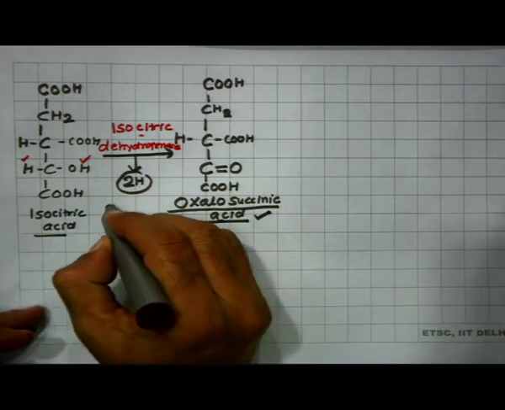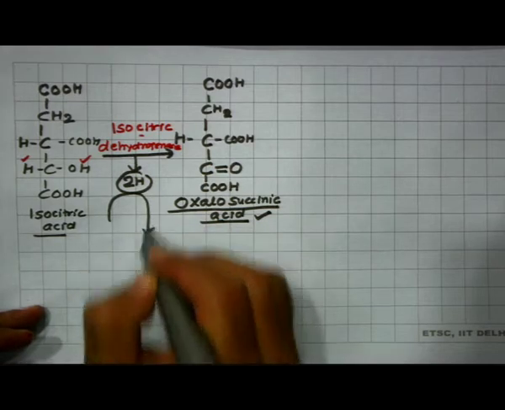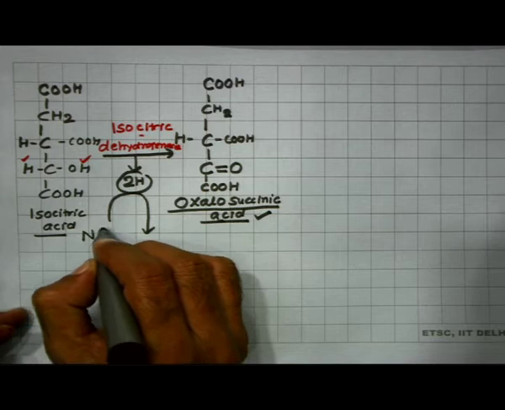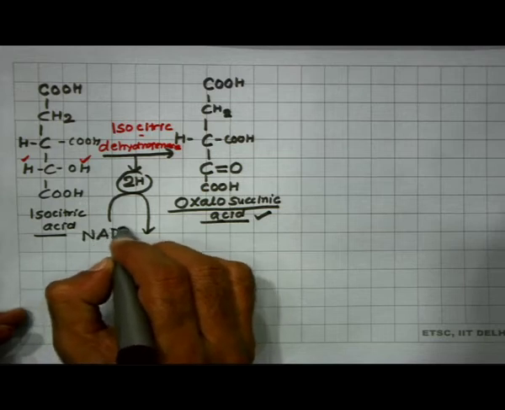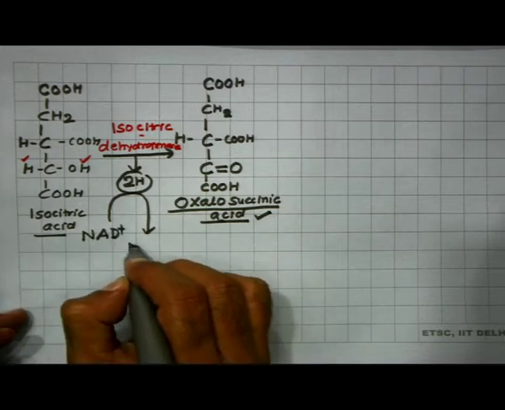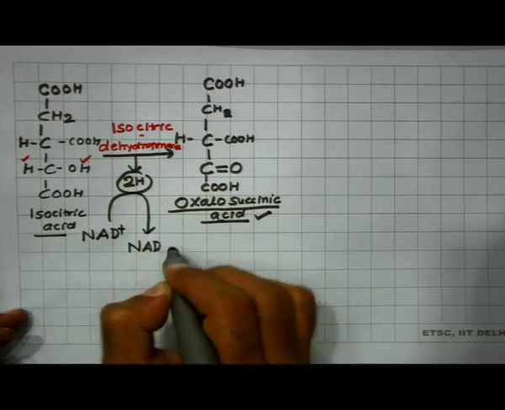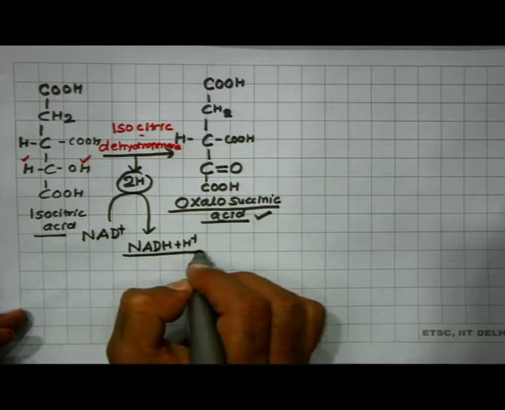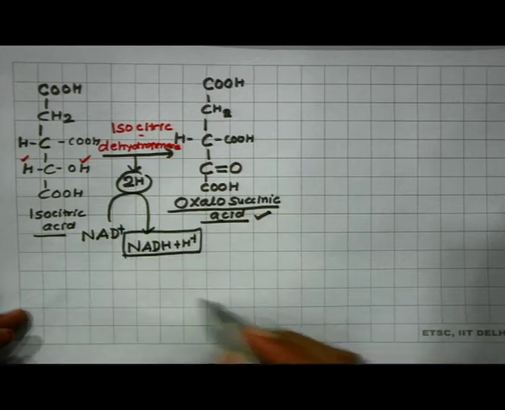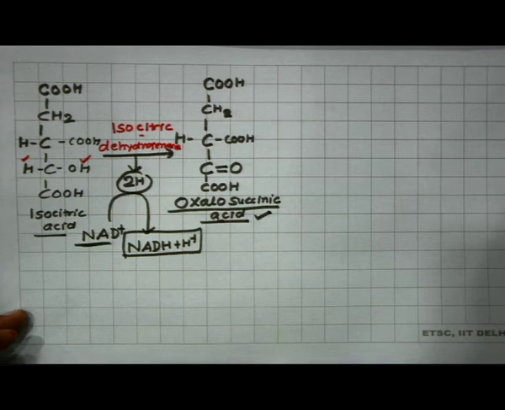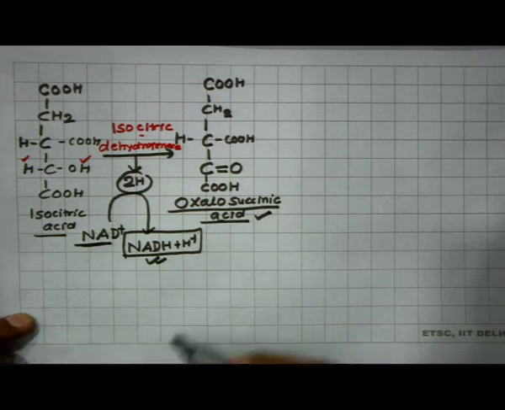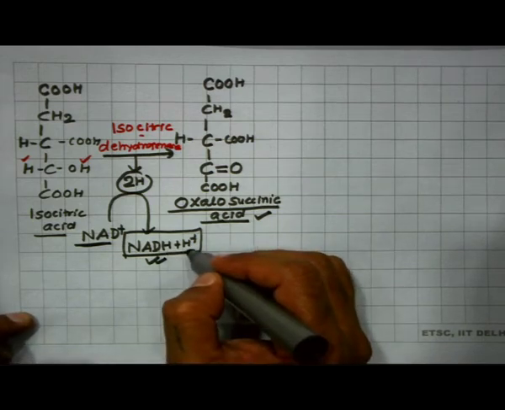This hydrogen is accepted by a coenzyme with which you are already familiar, that is NAD plus. It is converted into NADH plus H plus. This coenzyme, nicotinamide adenine dinucleotide, is going to be reduced and forms NADH and H plus.